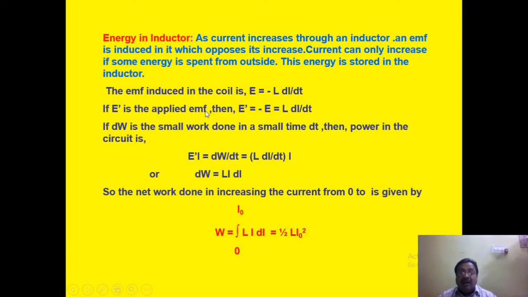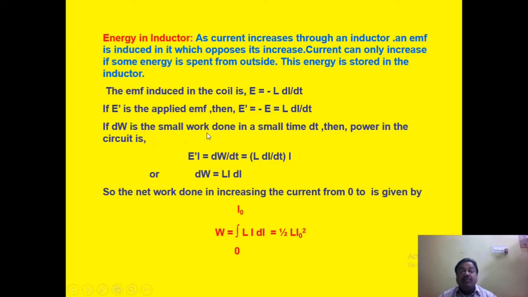So applied EMF E prime and induced EMF are equal and opposite. If induced EMF is plus E, applied EMF will be minus E. Minus E equal to minus L di by dt. Minus of minus L di by dt means plus L di by dt will be E prime.